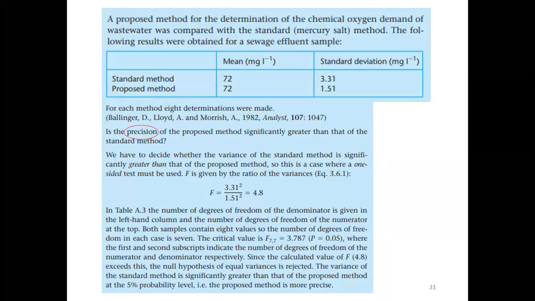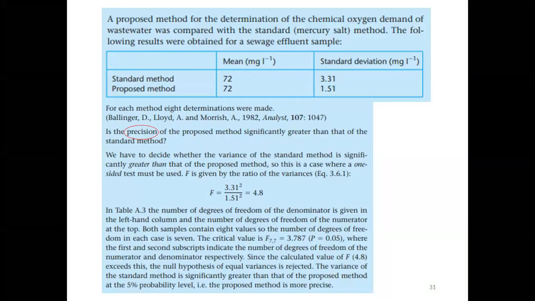But because the calculated value exceeds the critical value, we cannot say that. So the variance of the standard method is significantly greater than that of the proposed method. That is how we come to the conclusion that the proposed method is more precise than the standard method.